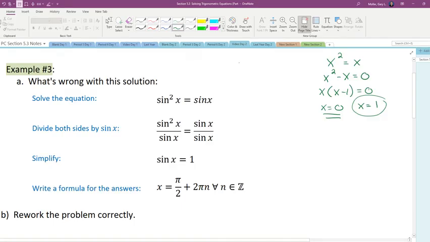I'm just going to work it up here because it'll be easier to see. So I'm instead going to move everything to one side. And then I'm going to factor sine of x out of each term.